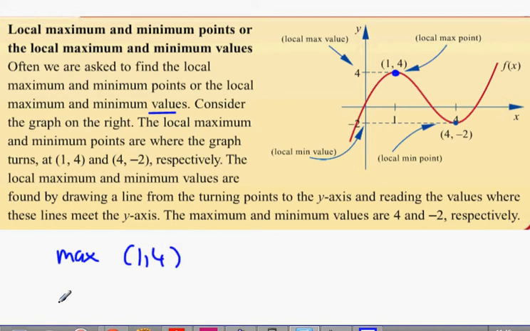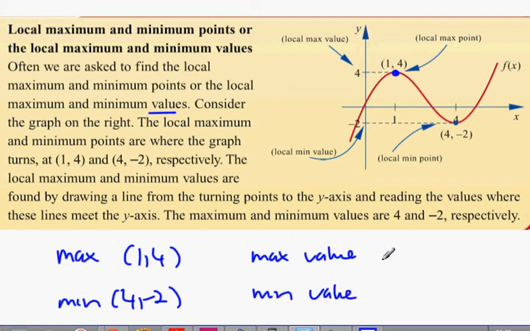If you're asked for the point, you write down the full point. If you're asked for the maximum or minimum value, you only ever take the y value into consideration. So for example, the max value would be 4 and the min value is minus 2. Maximum and minimum value is also referred to as local max and local min. Is that alright? Okay, moving on.